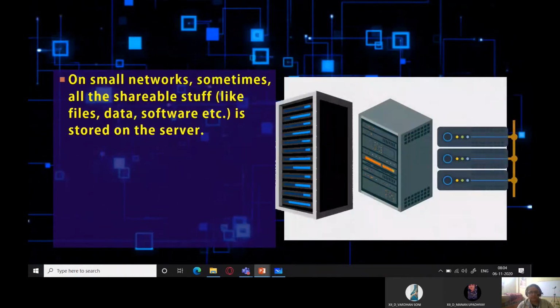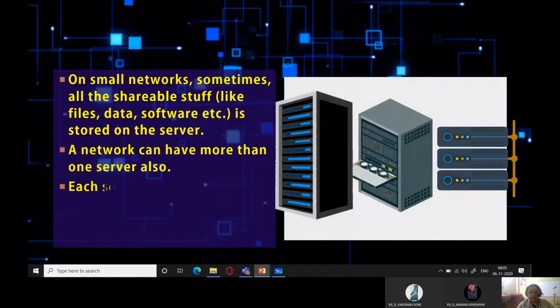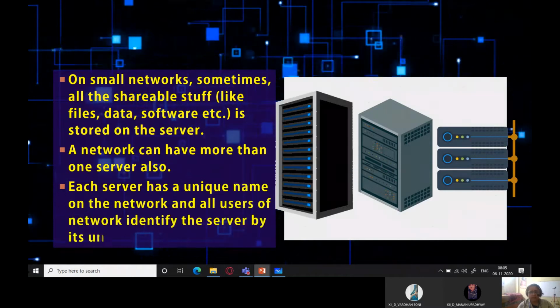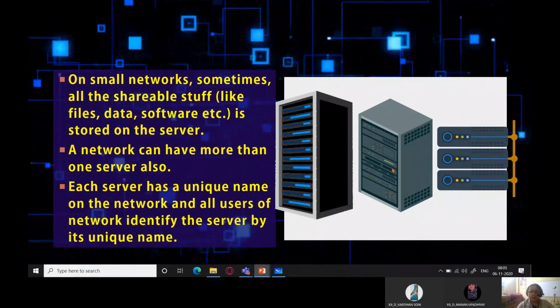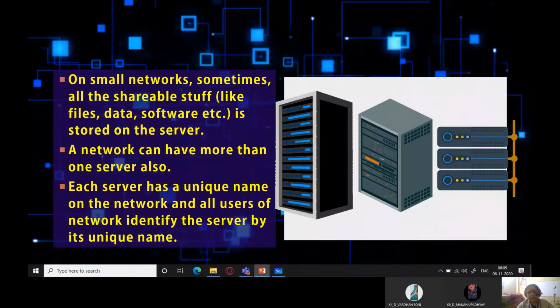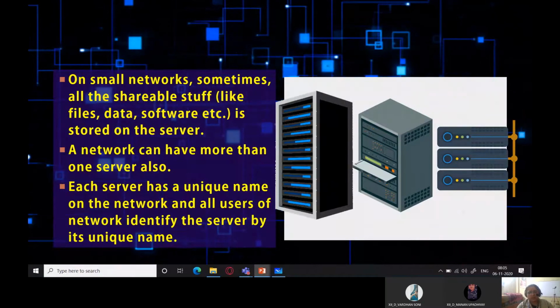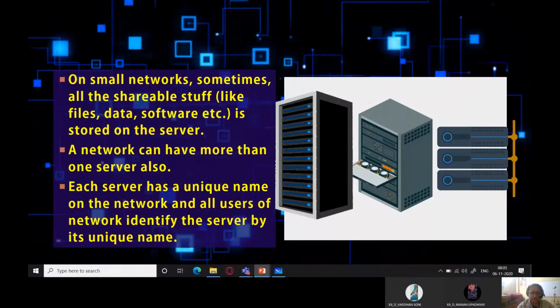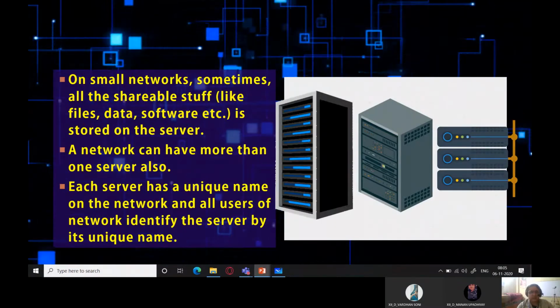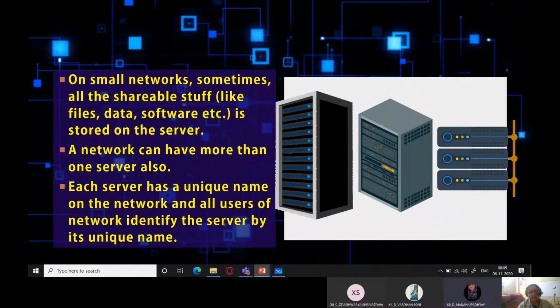Then the servers. You want to keep your files, so you set some computers as servers which will serve requests coming from the client. So those are known as servers. There could be file servers, print servers, web servers. Different types of servers can be allocated.